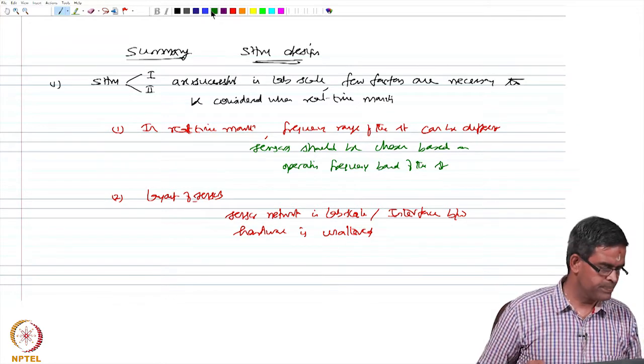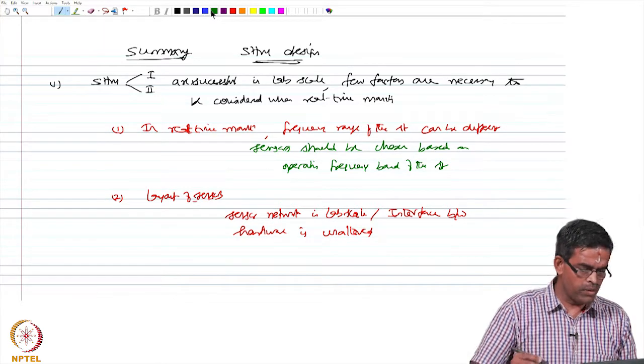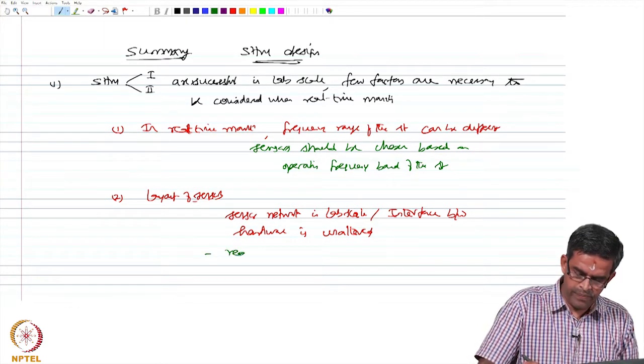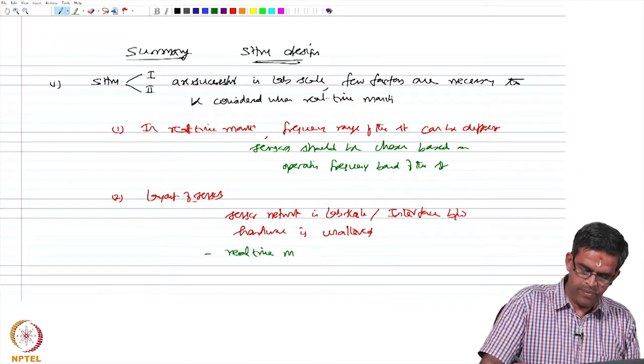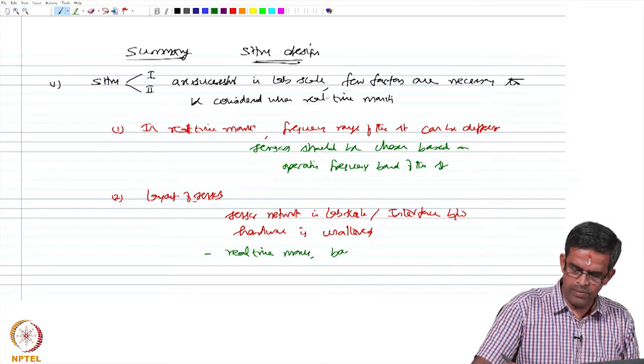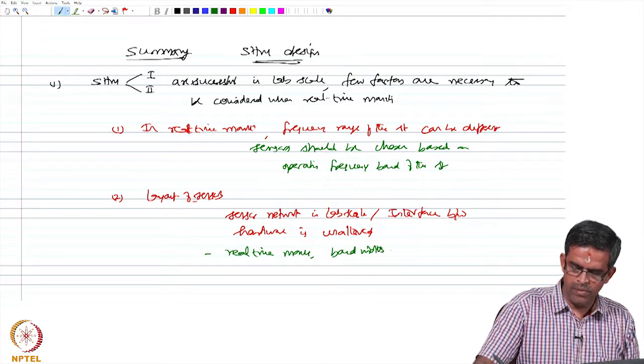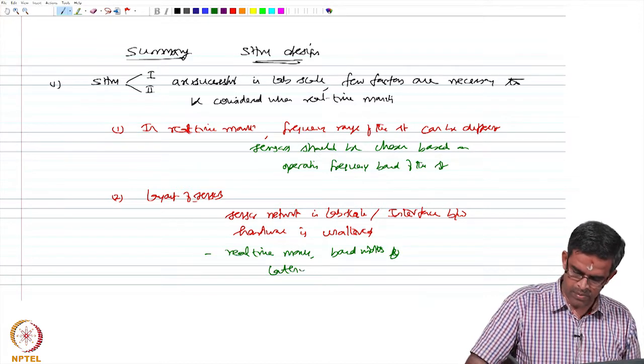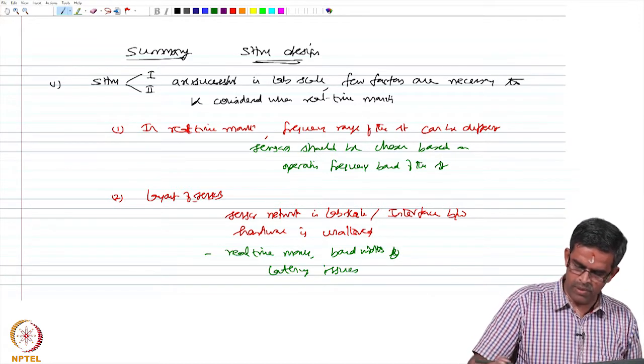Whereas, in real time monitoring, the bandwidth and latency issues should be covered up. Okay.